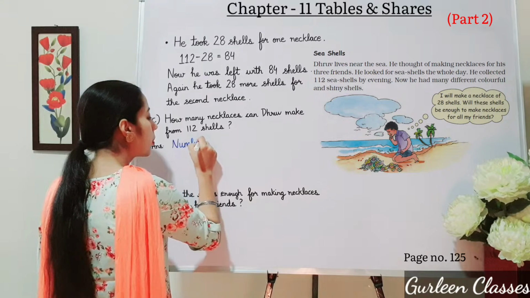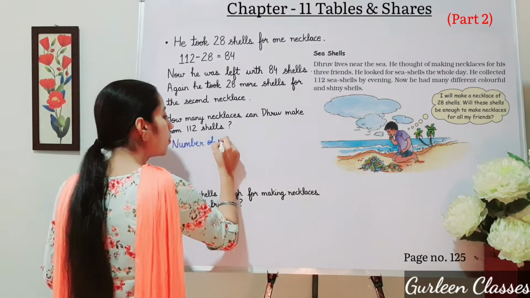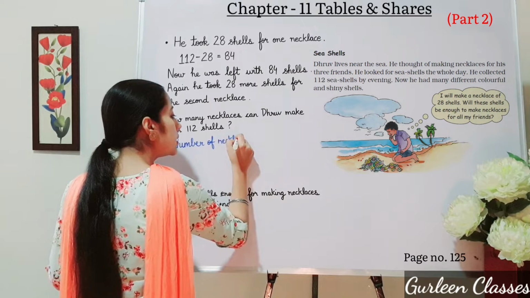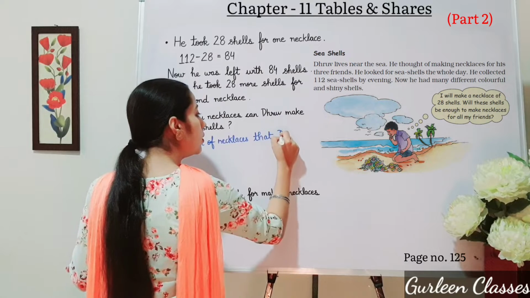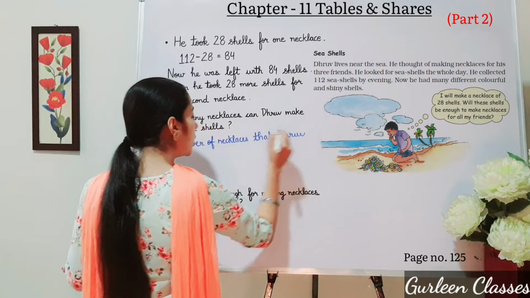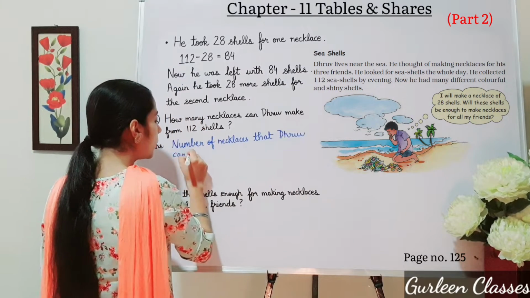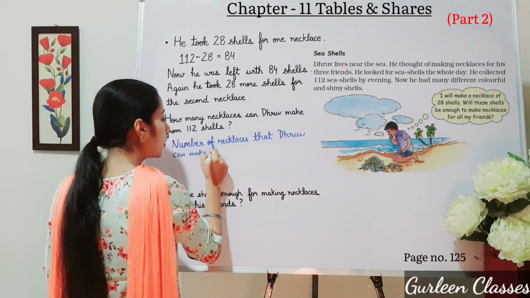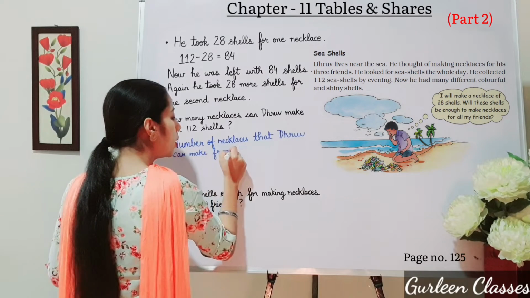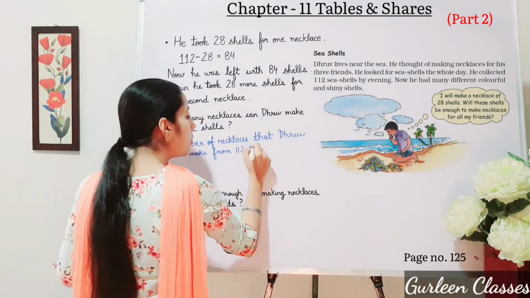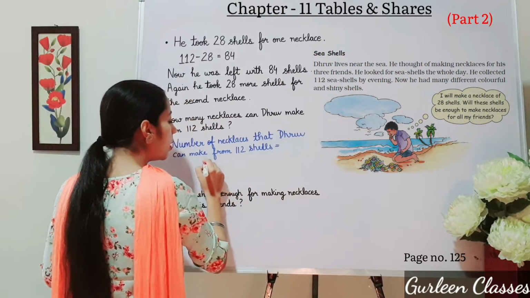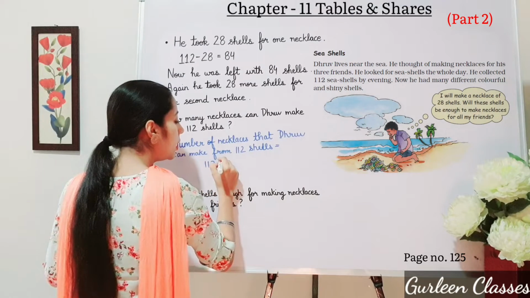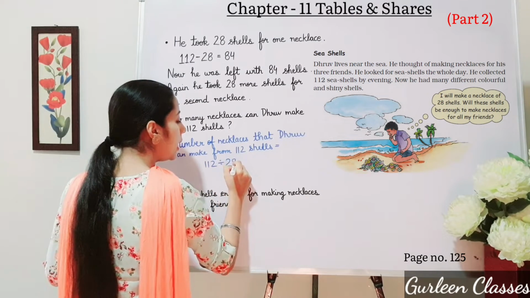Number of necklaces that Dhruv can make from 112 shells is equal to 112 divided by 28.